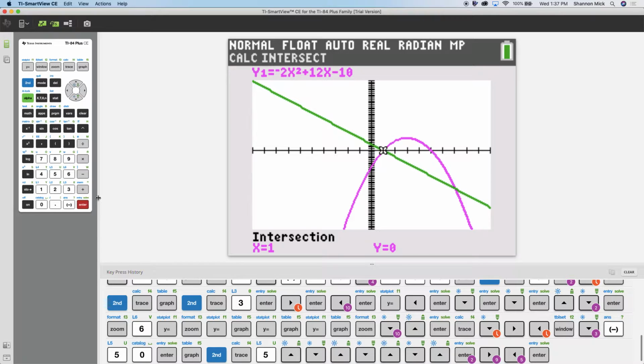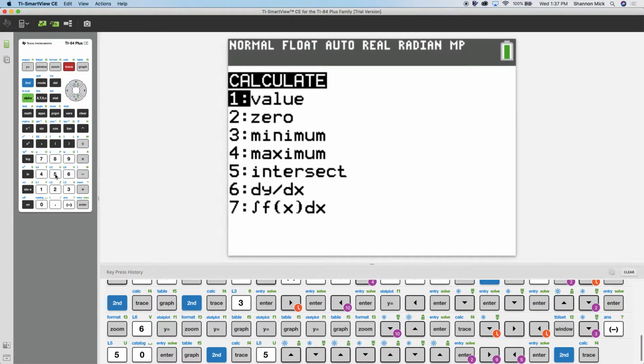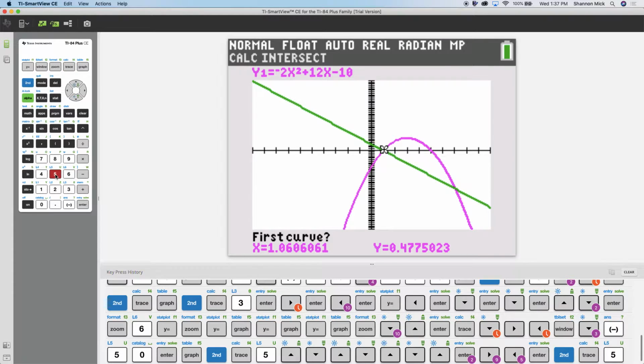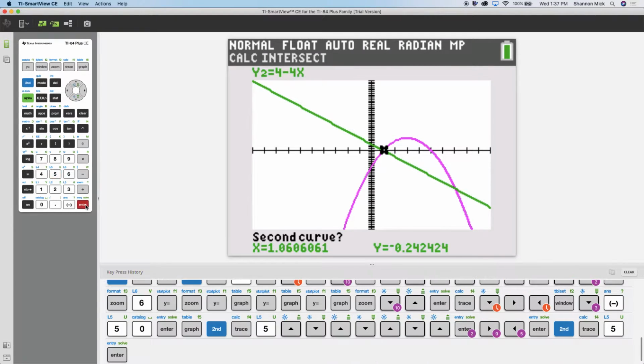Now I need to find what? The other one. So how am I going to find it? Second, calc, number 5. And it says first curve, hit enter. Second curve, hit enter. And then it says guess. You have to move your cursor towards the intersect you want. Because if you don't, guess which one it's going to give you again?